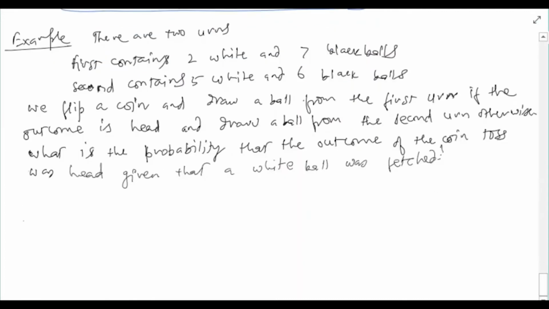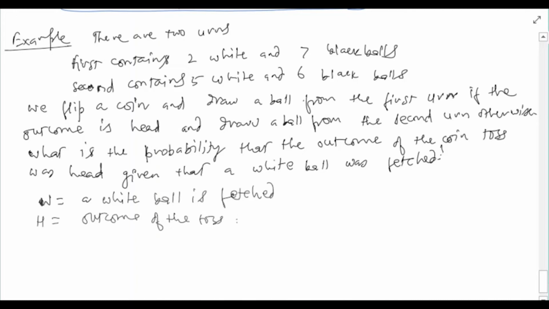To answer this question, let us again define events W and H as follows. W is the event that a white ball is fetched, and H is the event that the outcome of the toss is head. Clearly, the probability of H is half.